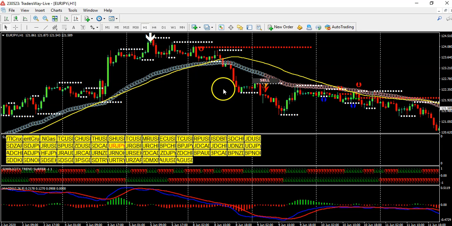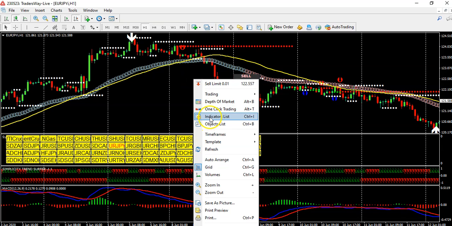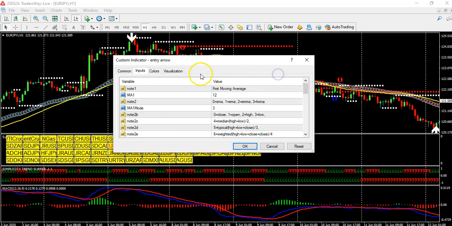Now, there are parameters that you can set on the entry arrow. So let's go to the entry arrow that I put in here, edit. Here is where you can change the parameters, which will change when the arrow populates. I did play with a couple of numbers just to see what type of consistency, patterns and trends I can identify.